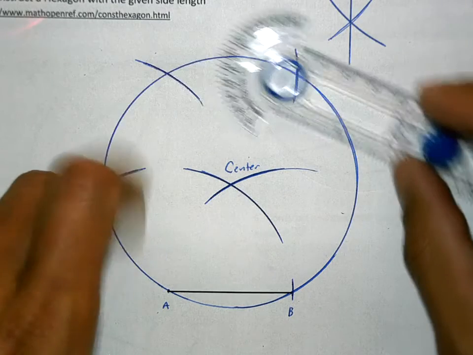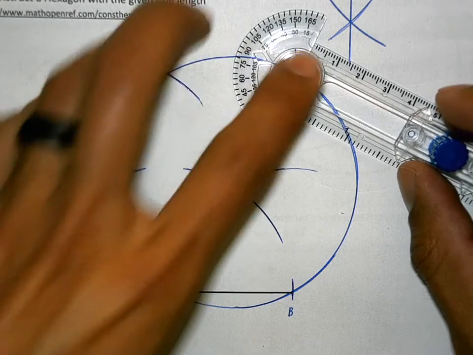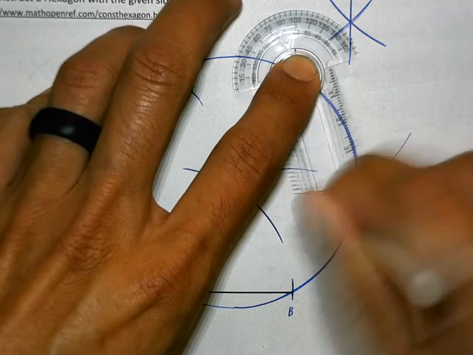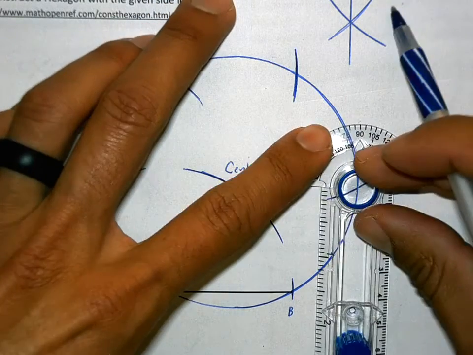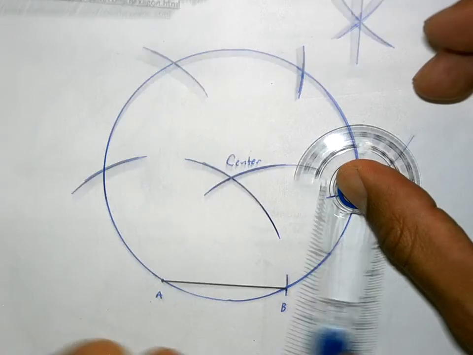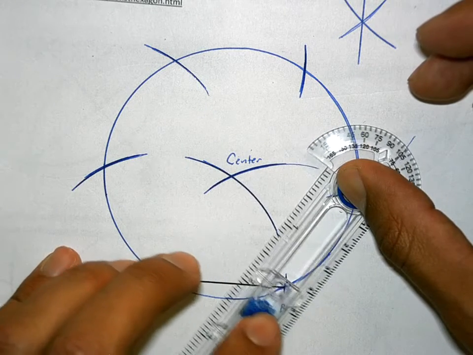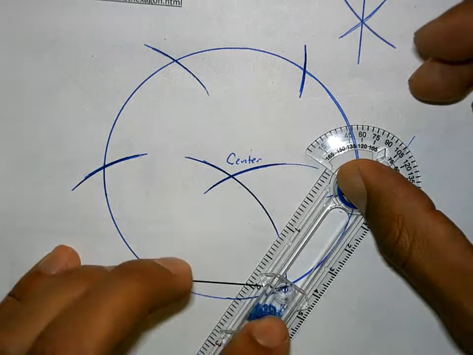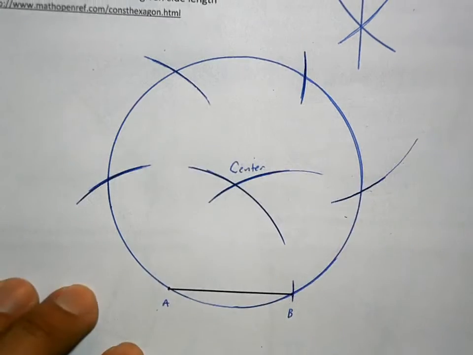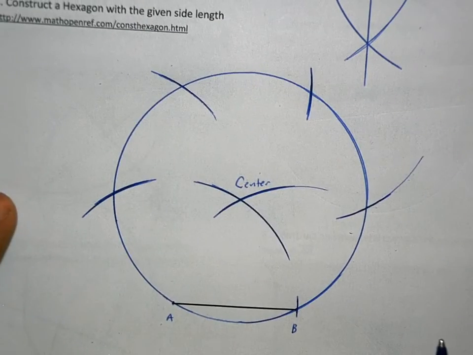Then you go to the next mark, and you make another corner. And if you do this right, as you get to that last bullseye, this should line up with B perfectly. Ooh, that does. Look at how perfect that is. If you do it right, it's not by accident.